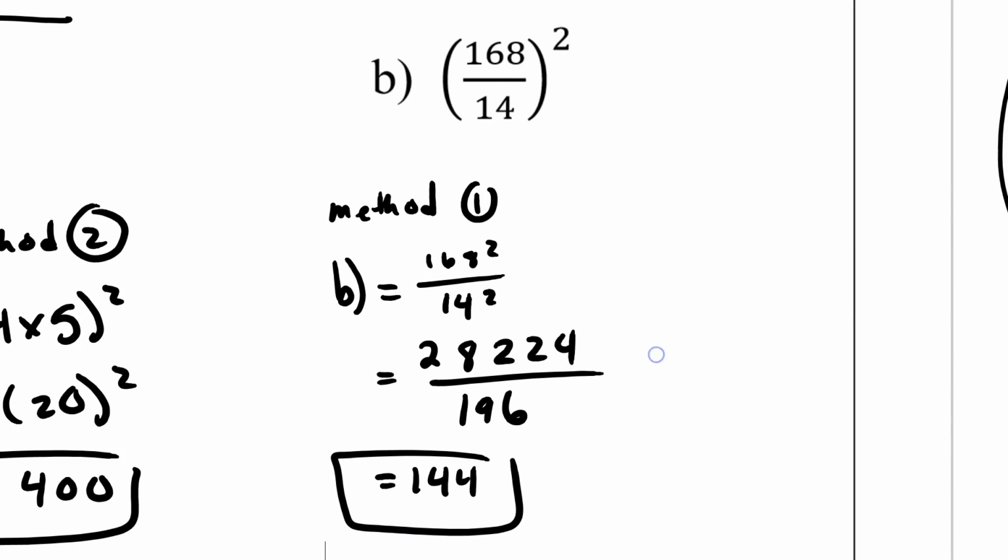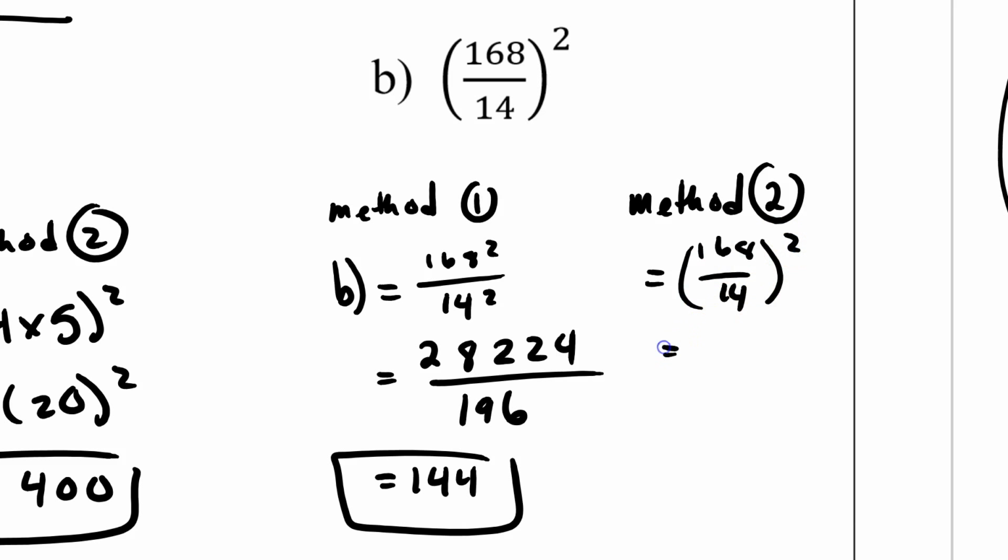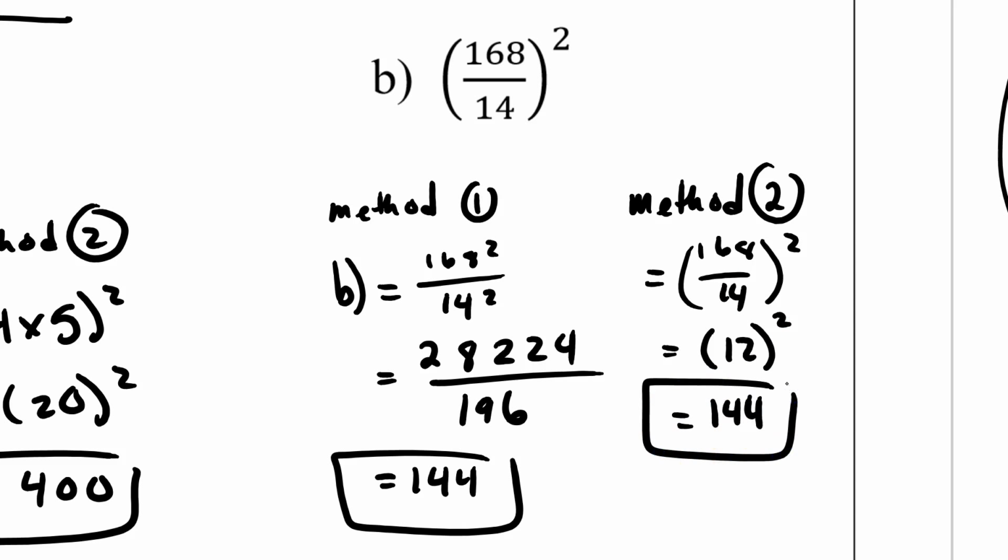If we use method 2, and that's just going to be our order of operations here, we're going to say 168 over 14, squared. Well, 168 divided by 14 is 12. Do what's in the brackets first. 12 squared is 144. Lo and behold, we get the exact same answer.